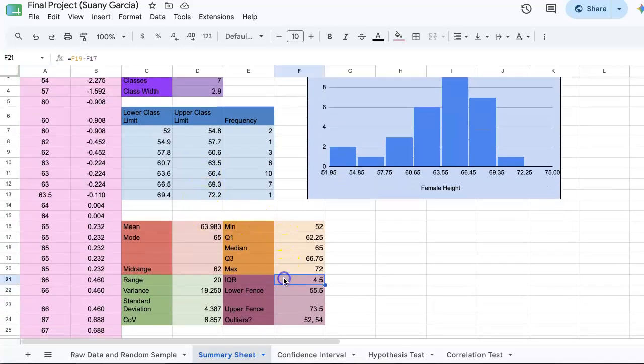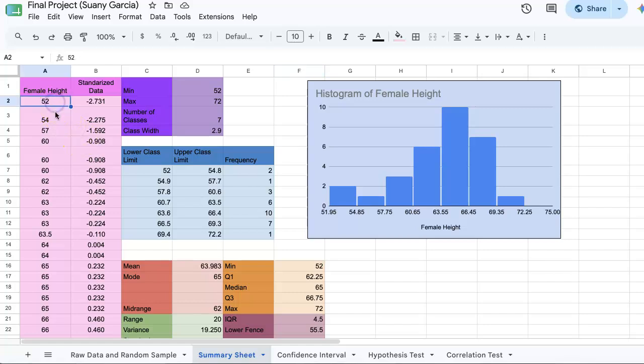And then your interquartile range of 4.75, lower fence of 55.5, upper fence of 73.5, and our outlier values, which are 52 and 54 inches. And then you can see that over here as well.